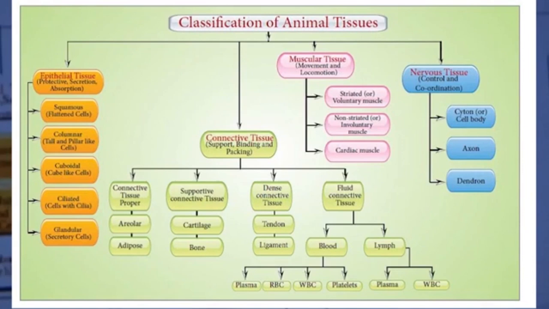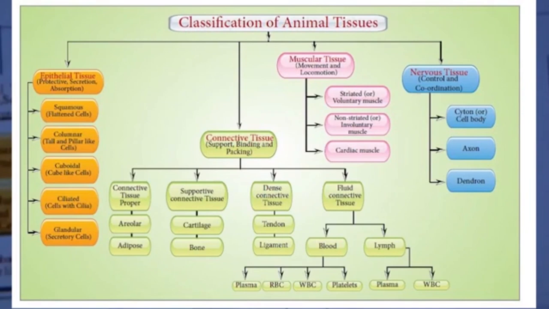And when the cells are like pillars, I will show a diagram again, they are called columnar epithelium. And when the columnar cells possess cilia at the top, it is said to be ciliated epithelium. And it may be squamous, cuboidal, or ciliated cells present in the glandular portion, then it is said to be glandular epithelium.